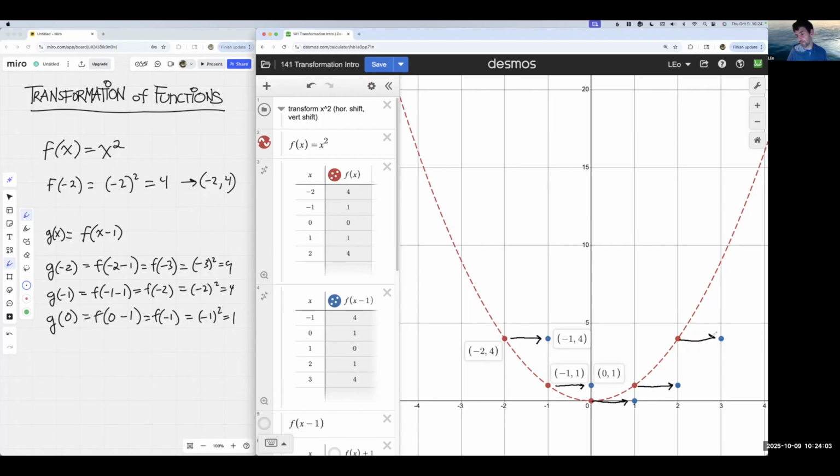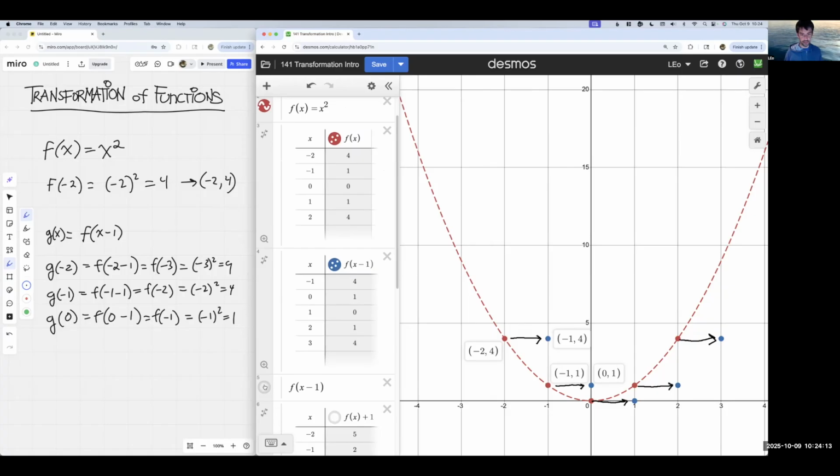Every single point moves over. And if we add the entire graph here, we see that this graph is shifted over to the right. And that's the point of transformations. So now I've got a new function. It's very similar to the square root function.